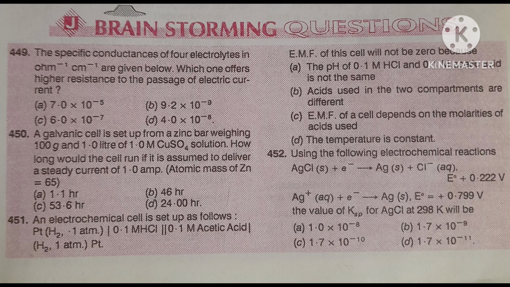Options: 7.0 into 10 to the power minus 5. Second is 9.2 into 10 to the power minus 9. The third one is 6.0 into 10 to the power minus 7. And the fourth one is 4.0 into 10 to the power minus 6.